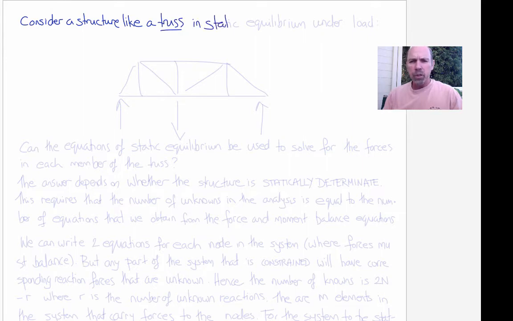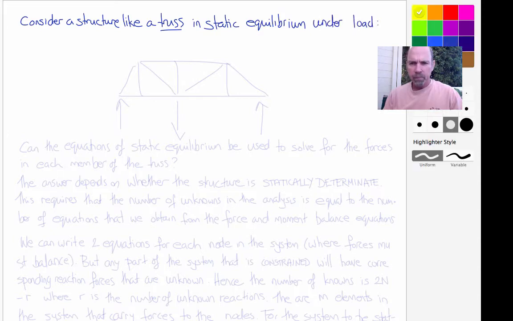So what we mean by a truss, a pin-jointed truss, is a structure like this with discrete elements, and at each of the joints or nodes in that structure there is a connection that transmits forces but not moments.